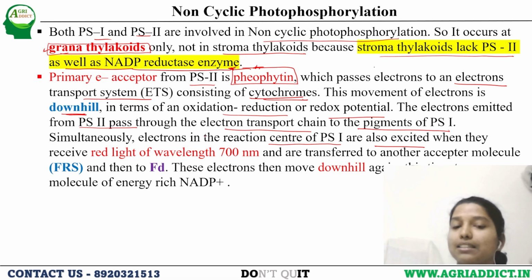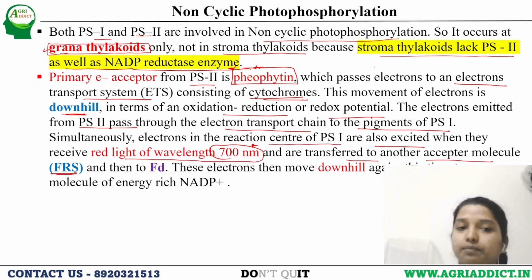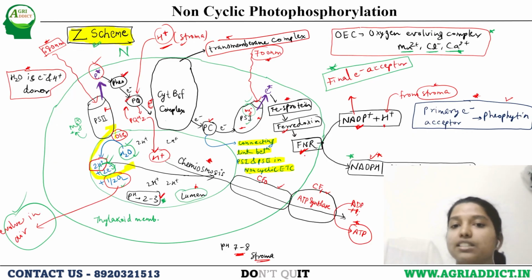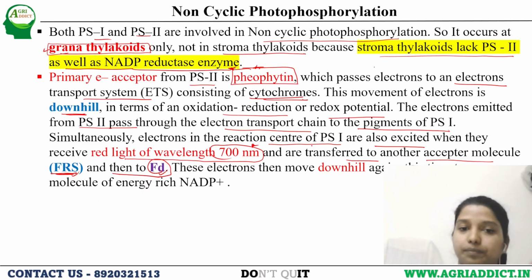Now, simultaneously, electrons from the reaction center of PS1 are also excited when they receive red light of wavelength 700 nanometer, and are transferred to another acceptor molecule, that is FRS, and then to ferredoxin. Okay, iron-sulfur protein, then ferredoxin, and then we had FNR, which is ferredoxin NADP reductase.